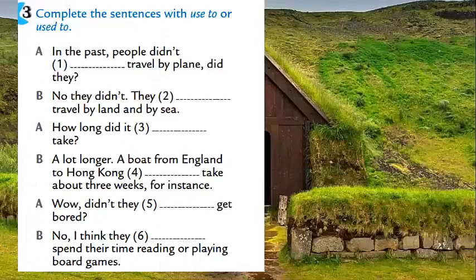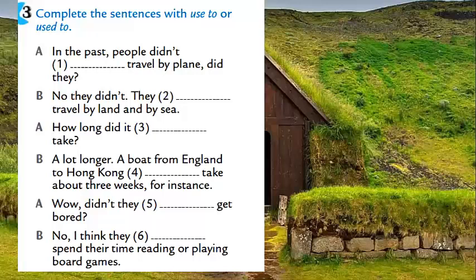Let's see exercise number 3. Complete the sentences with use to or used to. As I told you, use to is used with the negative or the question, but used to is used with the affirmative or positive sentences. In the past, people didn't what?